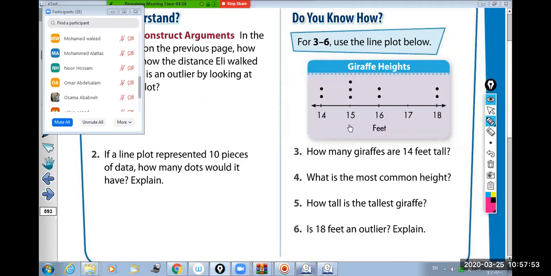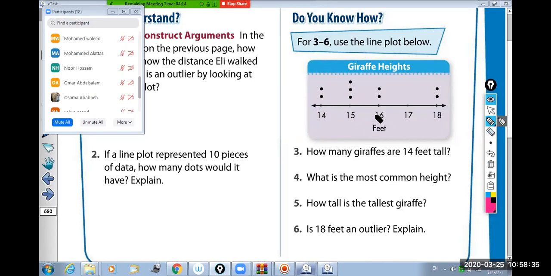Here, the toes of the giraffes in feet. This is 14. How many giraffes are 14? This is the giraffes. See, 2 giraffes with 14 feet long. 3 giraffes with 15 feet long. How many giraffes with 16? I'm asking you, Mustafa.